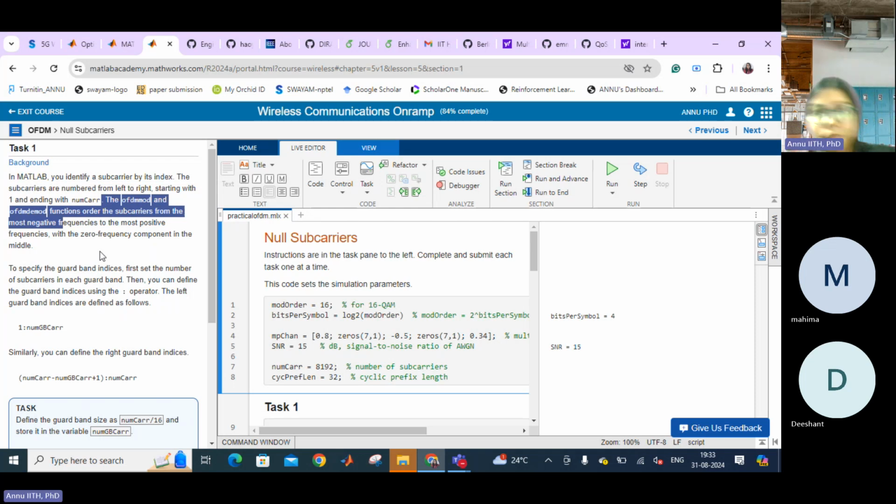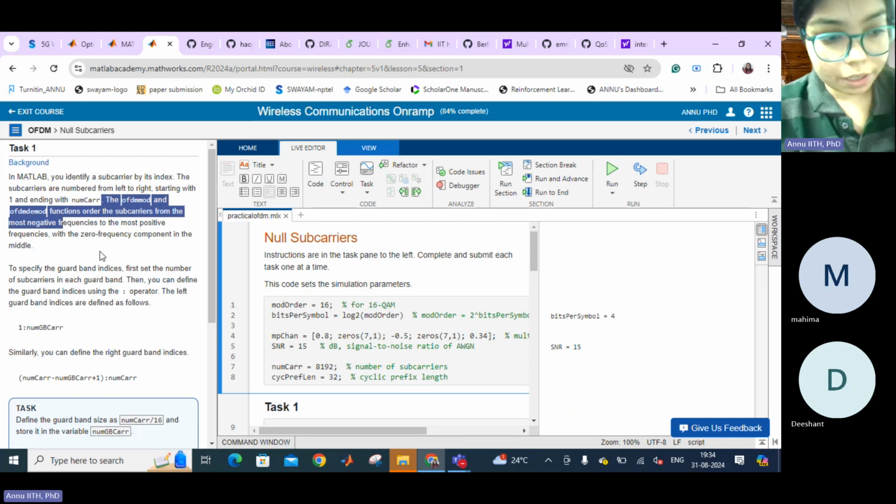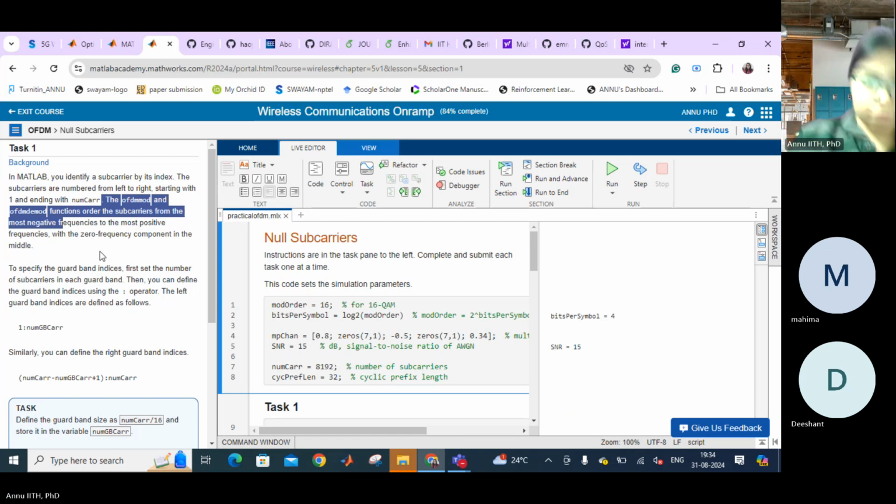As we know, how we obtained the center frequency was through FFT shift, right? So the zero frequency component is in the middle.